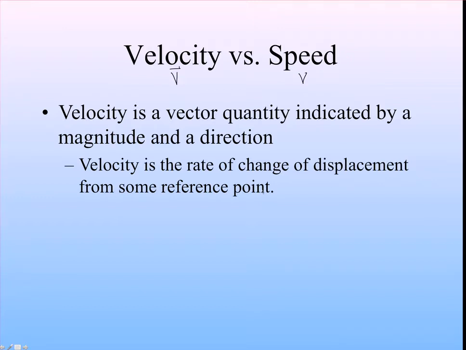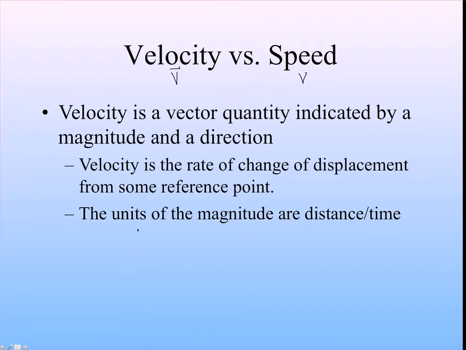However, your average velocity may be much different than your average speed because, again, if you had not traveled in a straight line, then your average speed would be quite different from your average velocity. Why? Because your distance will have been different from your displacement. We'll try and make that clear on the next slide.